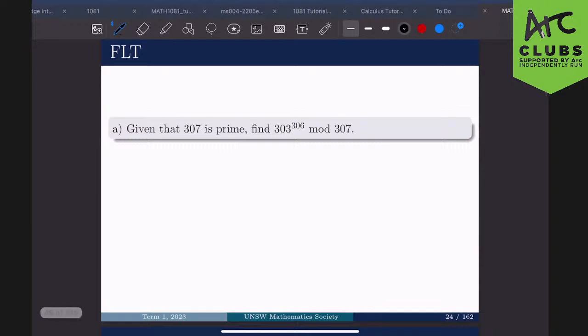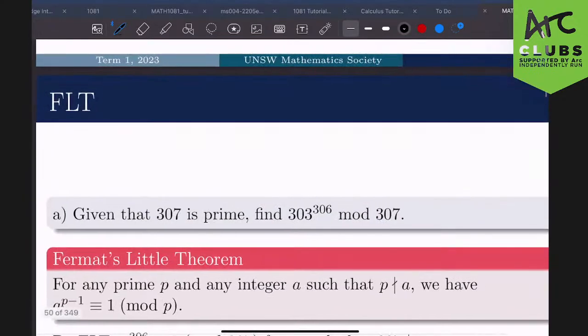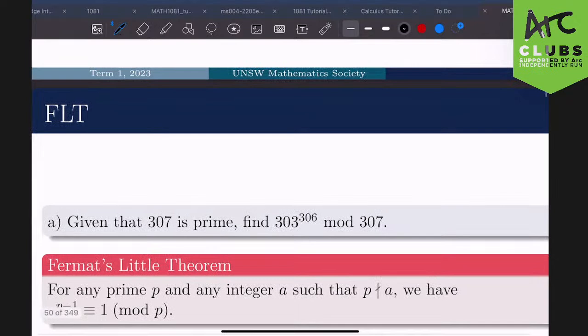Alright, first off, given that 307 is prime, find 303 to the power of 306 mod 307. So here we'll be using Fermat's little theorem, because otherwise it's not really viable to do by hand, so you've got to apply this theorem.